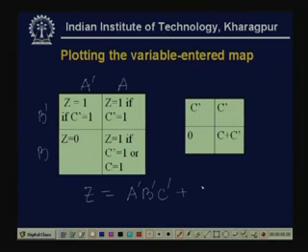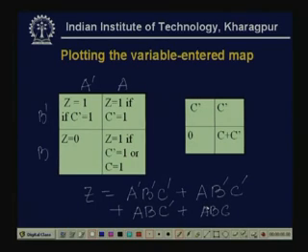Then for the second one, this is A, B dash, C dash, plus, see for the third element it does not exist because output will be 0, that means the min term does not exist. And then for the fourth one, actually this term is from the K map, this is AB term, and as both C dash and again C both exist. So, that means ABC dash plus ABC. So, this will be the thing.